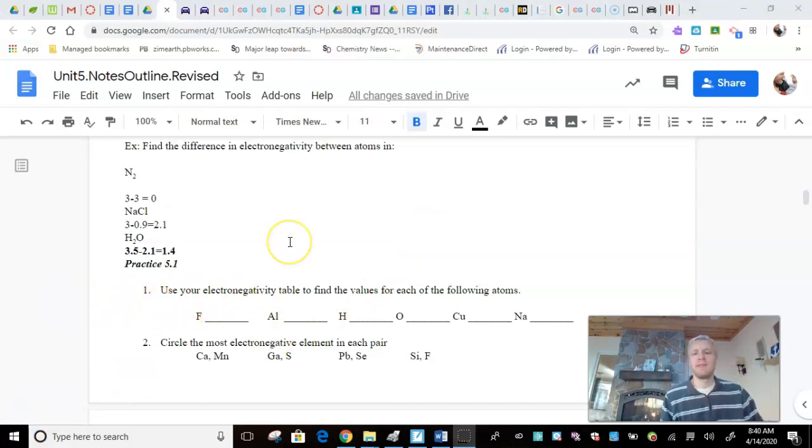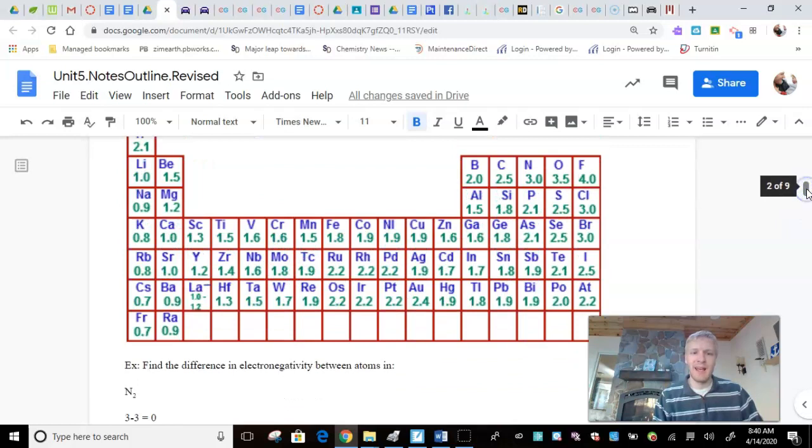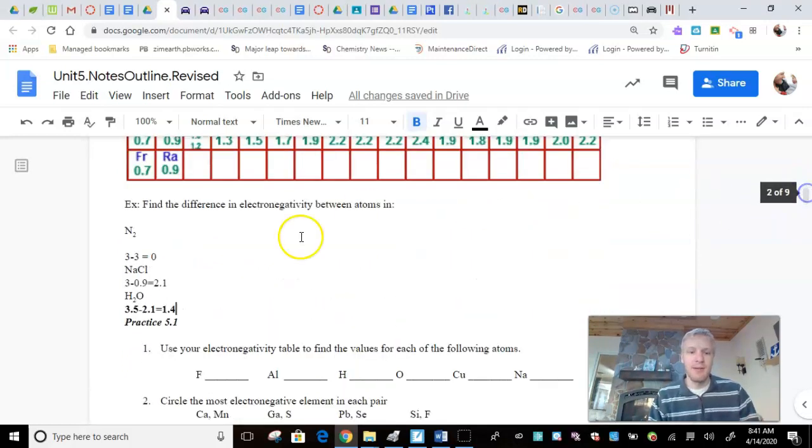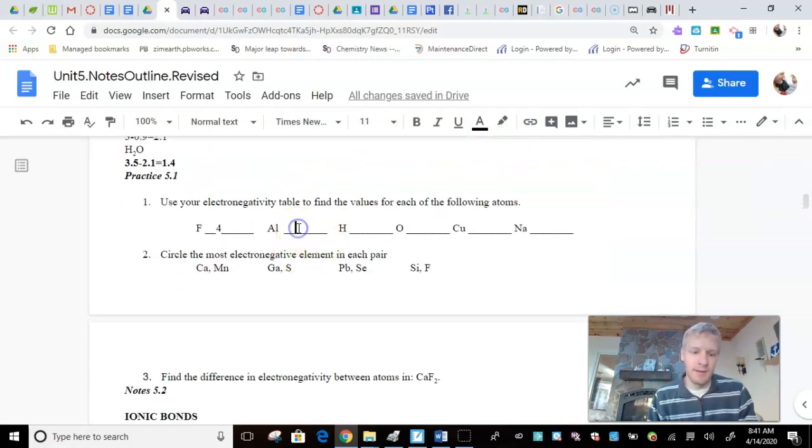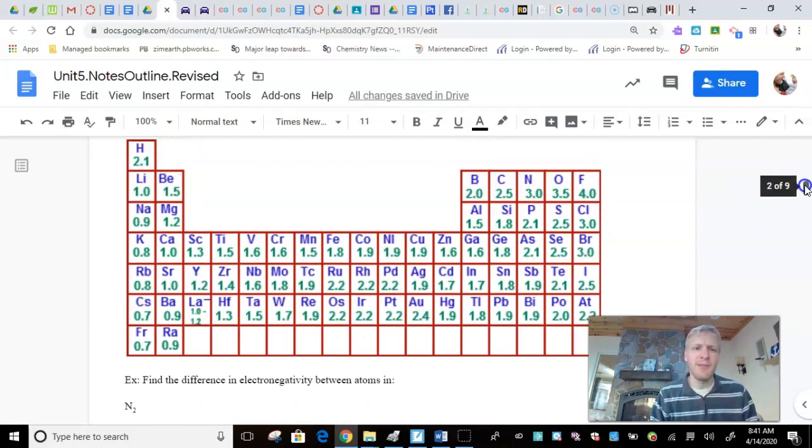Use your electronegativity table to find the values for each of the following atoms. So this is fairly simple. Fluorine's 4. All right, there you go. So you type in 4. Aluminum is right here. It's 1.5. Then we got hydrogen, I believe is 2.1 if I remember.